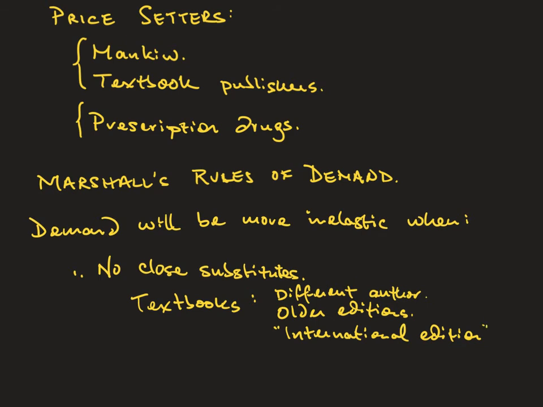This is a game that textbook publishers play to sort of break up the market, where they know that they might be able to charge a higher price for a textbook in the US than in Mexico for the same textbook. If they set a price appropriate for the US, it might price them out of the market in Mexico.